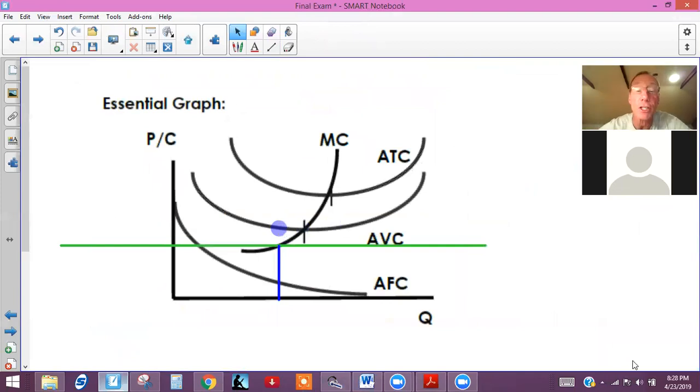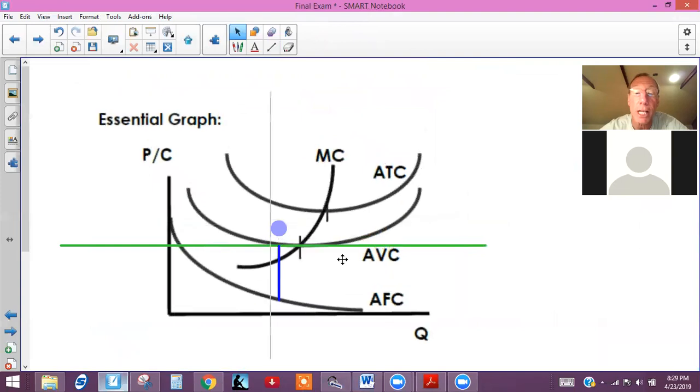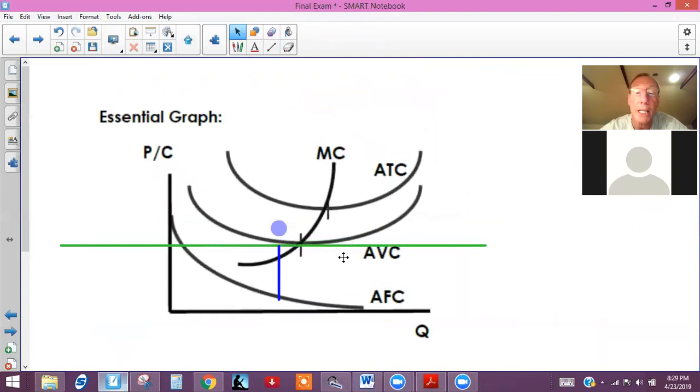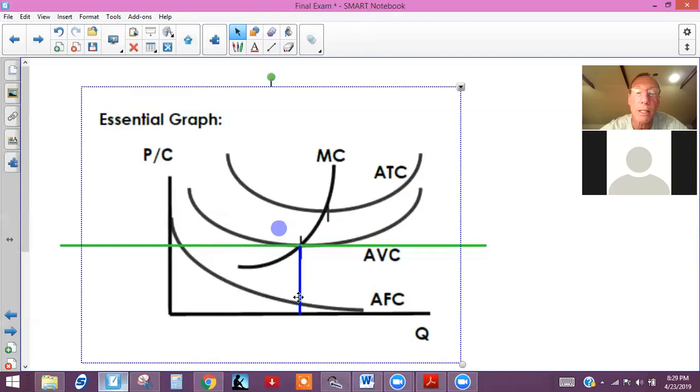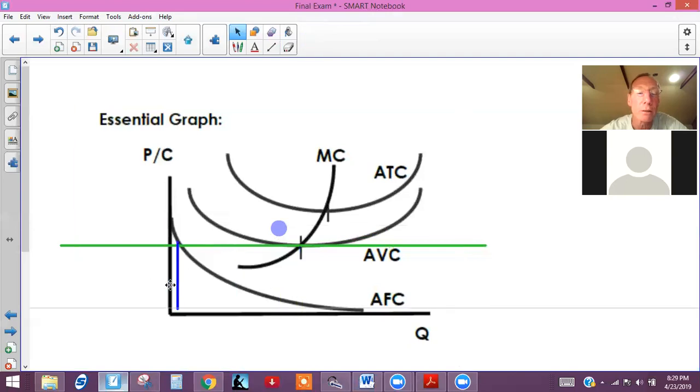Now, if the price from the market is here, equal to average variable cost, then they're going to produce, once again, where marginal cost equals price. So it doesn't matter whether it's a monopoly or a perfectly competitive firm, it's all going to be price equal to marginal cost?